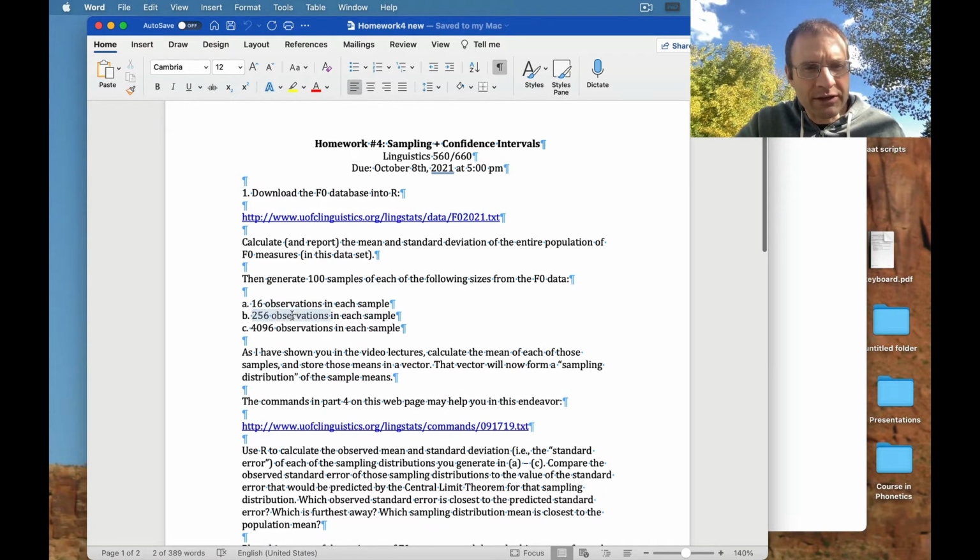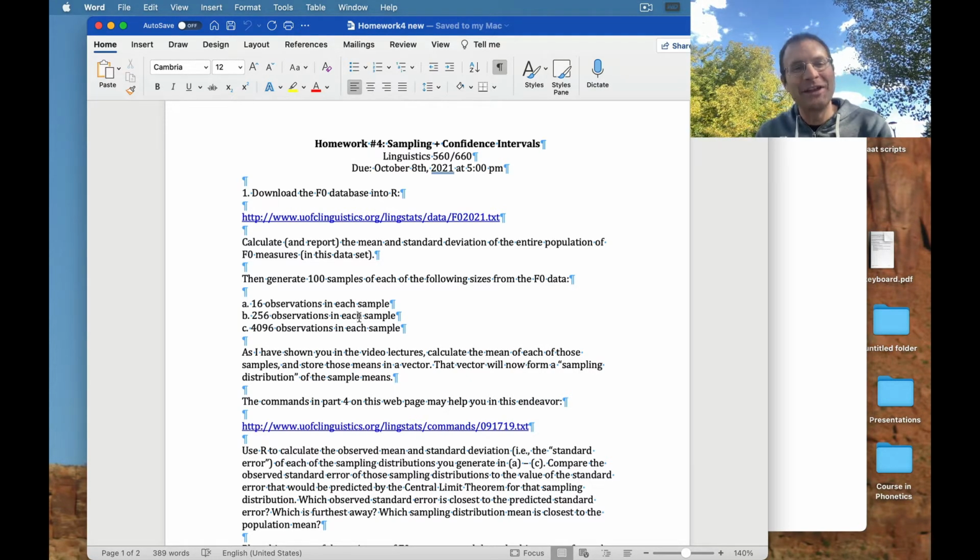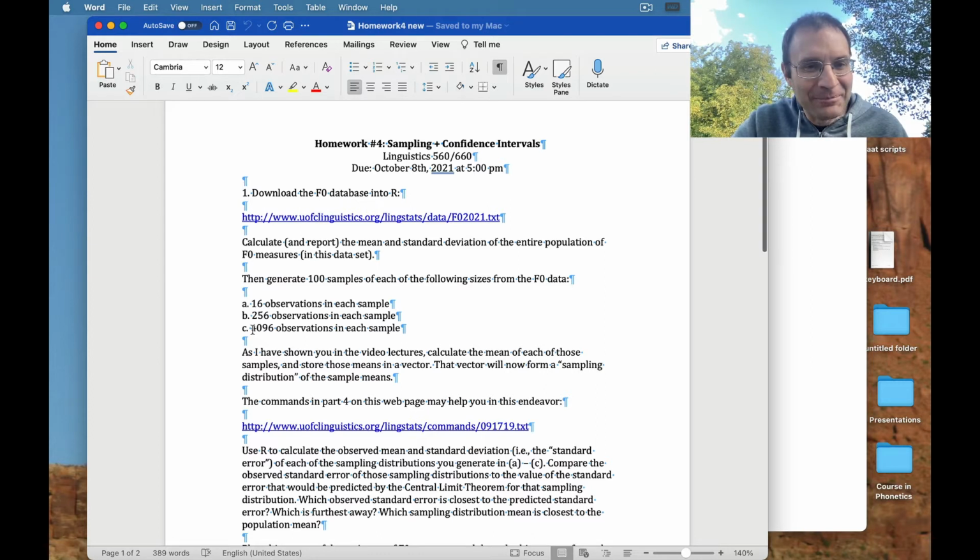For the second one, you take 256 observations in each sample. And for the last one, you take 4,096 observations in each sample. If these numbers seem kind of funny to you, once you start to do the math involved with this exercise, it might become clearer why I'm picking these numbers. Taking the square roots of these numbers winds up giving you a nice, even number.